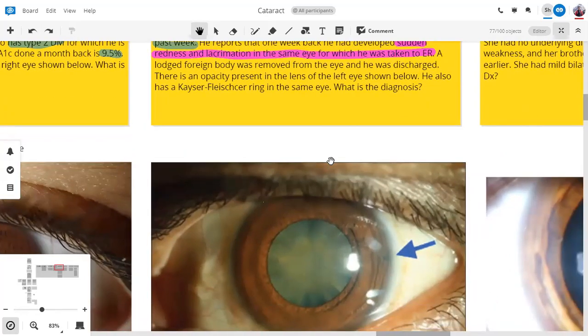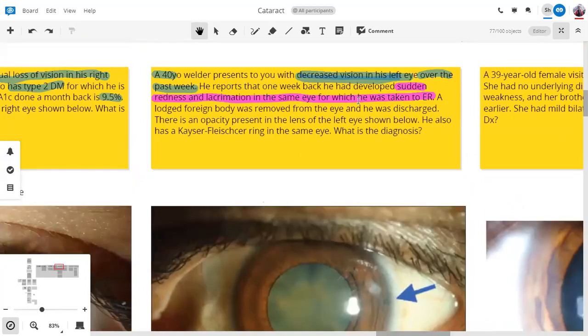However, this patient has a history of foreign body trauma, and there is a suspicion that the foreign body is retained inside the eye, and there's a presence of a sunflower cataract along with a Kaiser-Fleischer ring, two findings which significantly point towards copper accumulation in the eye. Our diagnosis will be chalcosis, or trauma with copper metal. That is also consistent with the occupation history of this patient.